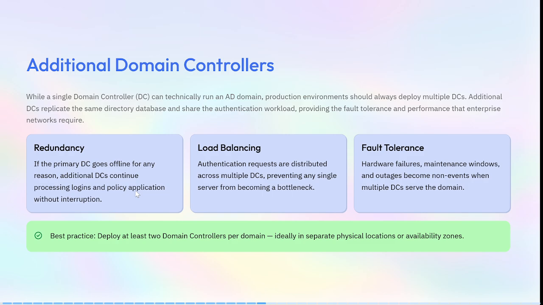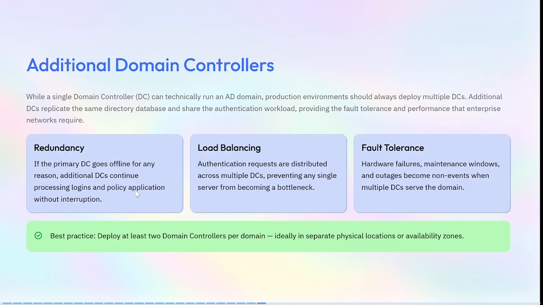While a single domain controller can technically run an AD domain, production environments should always deploy multiple DCs. Additional DCs replicate the same directory database and share the authentication workload, providing the fault tolerance and performance that enterprise networks require.